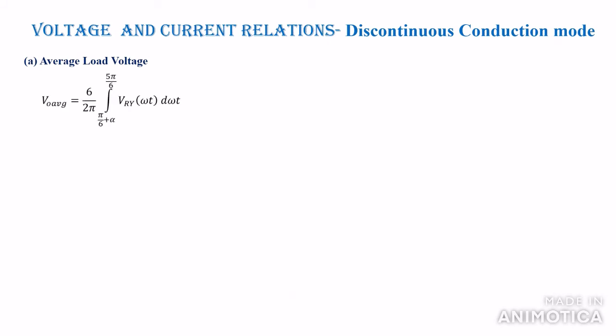So now the average load voltage, the same formula, 1 by 2 pi by 6, integral from pi by 6 plus alpha to 5 pi by 6, VRY of omega t d omega t. If we see that waveform, the upper limit will be 5 pi by 6. It will appear across the load till 5 pi by 6.